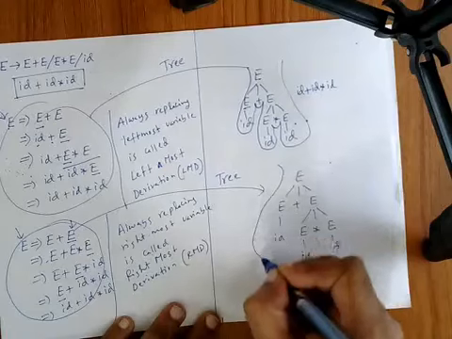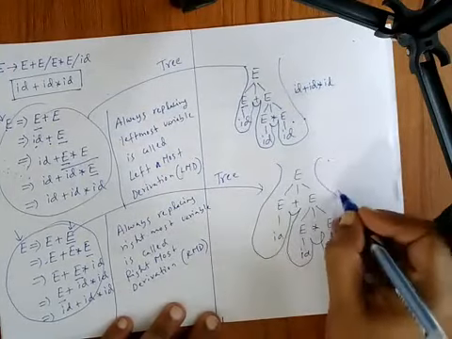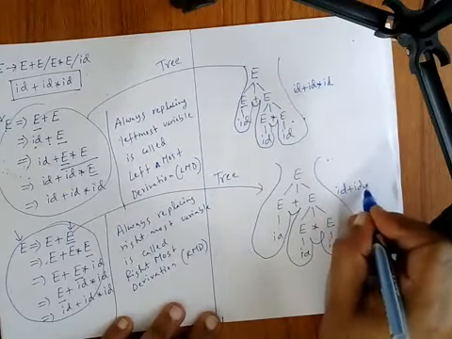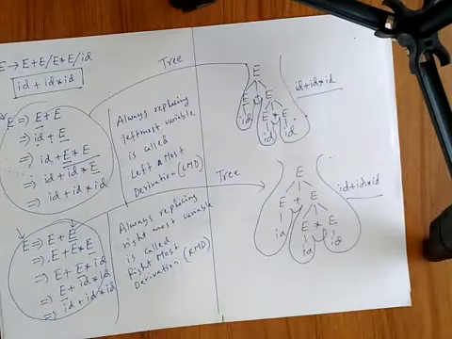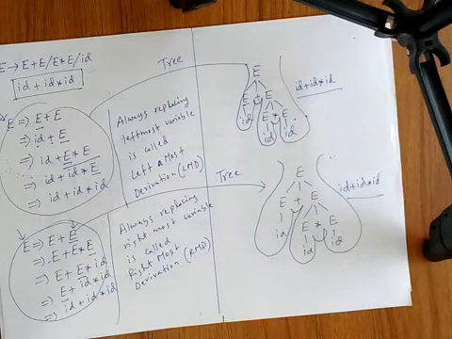So what is the yield? ID plus ID star ID. Same yield, so a correct tree. But is there any difference between these two trees? There is no difference between these two trees.